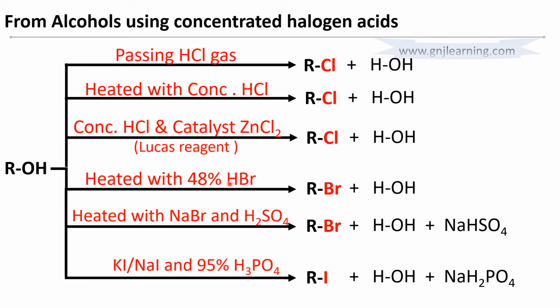In order to get Br, you reduce the acid strength: 48% HBr, or use a combination of salt and H2SO4, where H2SO4 will generate the acid of Br, HBr. The next is again reducing the strength of the acid, that is 95% phosphoric acid or orthophosphoric acid along with either potassium iodide or sodium iodide. You will get this compound. So these are the reactions that must be learned by heart. Okay, we will move on to the next slide.